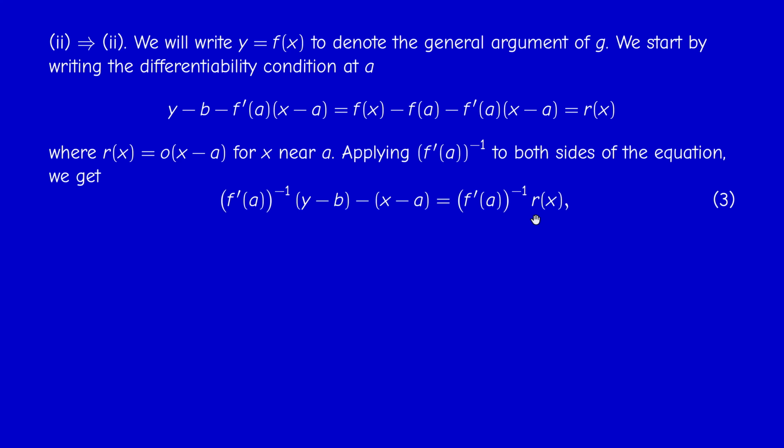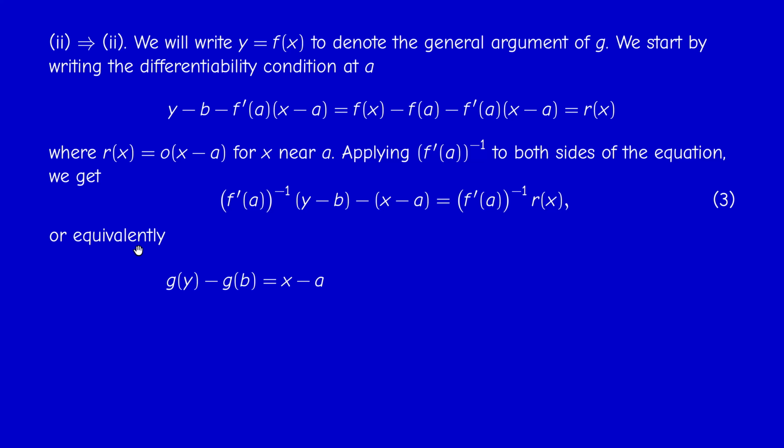So when I multiply by the inverse of F prime of A, both sides, I get F prime of A inverse times this, minus F prime of A inverse times F prime of A, which is the identity. So I get X minus A here. And here I get F prime of A minus 1 times the remainder.